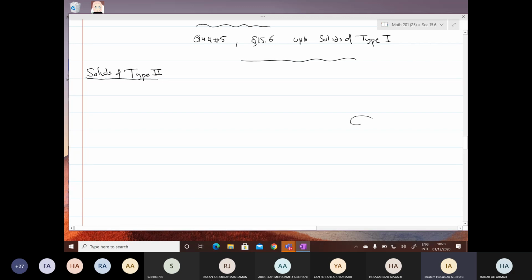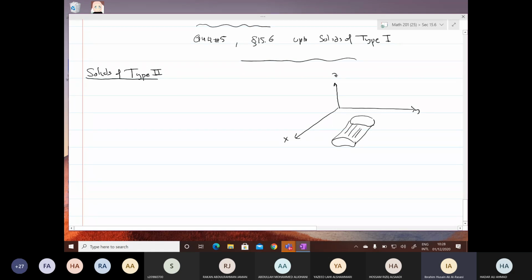So you have a surface here and another surface here, with the x, y and z axes. This is the solid, which is now parallel to the x-axis, along the x-axis.